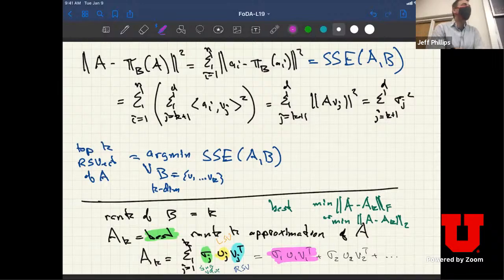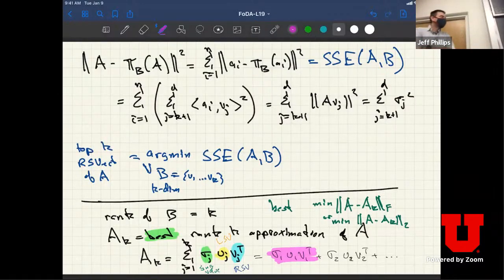Sigma is a scalar, so that doesn't do anything with dimensions. u1 is an n by 1 column vector, and v1 transpose is this 1 by d row vector.